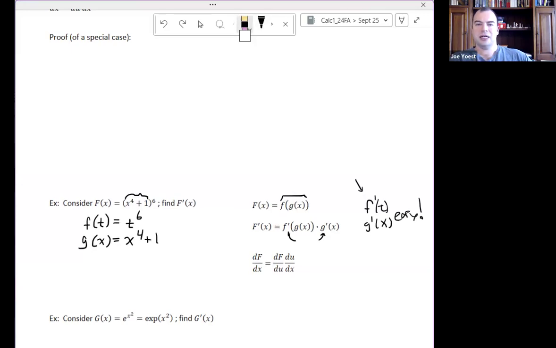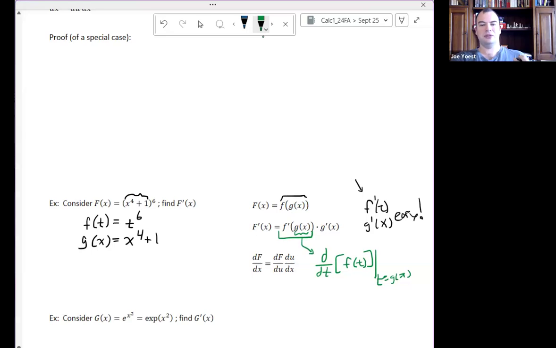Okay, so now let's look at this prime notation over here. What do we mean by this? What is f prime of g of x? What I mean by this is find d by dt of f of t and evaluate that at t equals g of x.